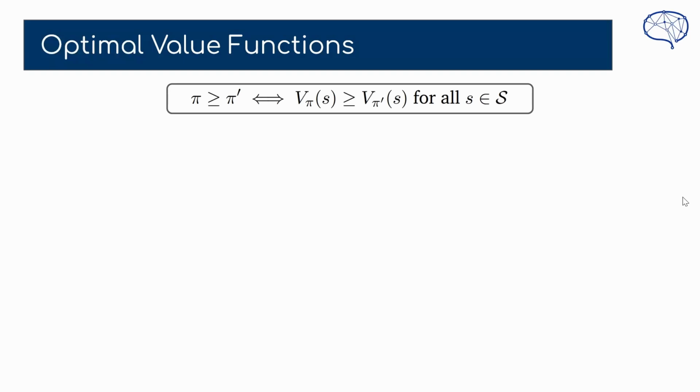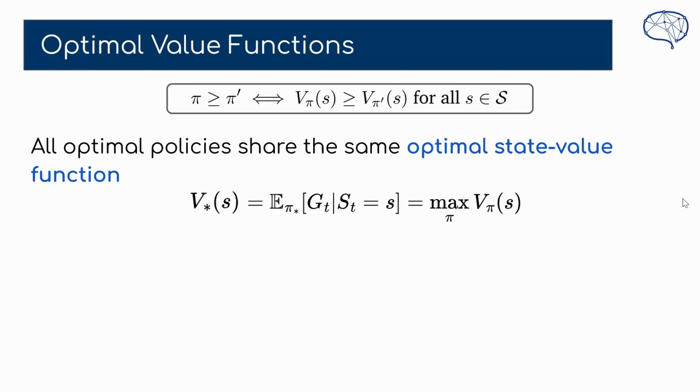So we have optimal policies. Now let's go to optimal value functions. We did a little bit of this earlier when we were going through that diagram of studying or going to sleep. All optimal policies will share the same optimal state value function.